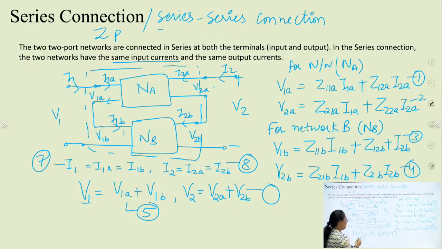You can see here V1 is equal to V1A plus V1B, and I have the value of V1A here and V1B here. So I will put equations 1 and 3 in equation 5, and similarly equations 2 and 4 in equation 6, to get the values of the overall parameters.